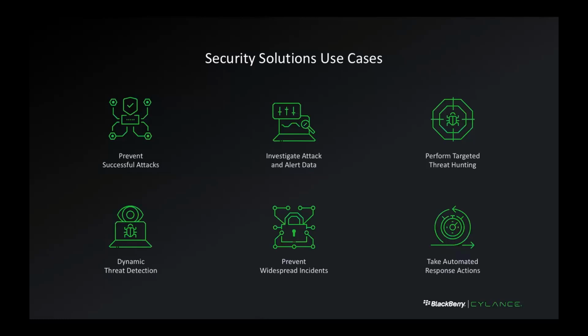Can I prevent it? Secondarily, you go into investigating an attack and alerting on data, looking for lateral migration. Different models can be built for these types of activities, but they're more complex. And when I get into how you build and classify models, you'll start to understand why.